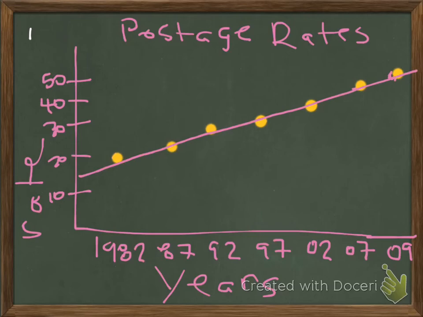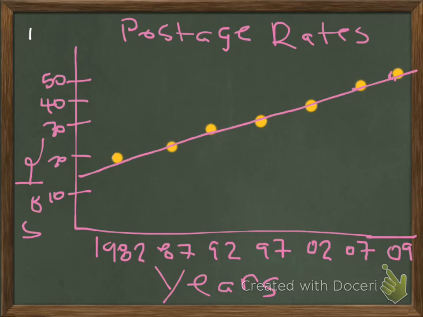It looks like as the years go by, the rates increase by anywhere from 2 to 7 cents. So over the next 4 or 5 years or so, it's probably going to be past 50, or maybe right around 50.